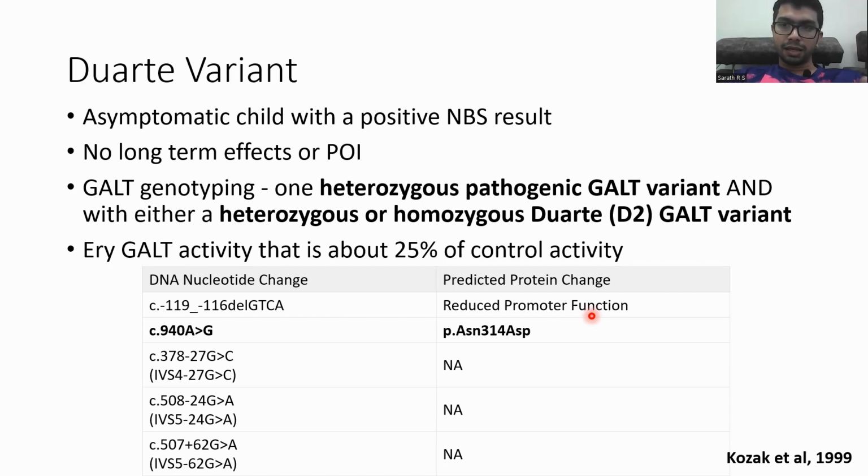One is the patient is homozygous for this D2 allele. That is, both the alleles will be harboring D2 variant, or one allele will be having a pathogenic, the classical form galactosemia variant, and the second allele will be having a D2 variant. So homozygous combination, or one allele with classical galactosemia variant, second allele with D2 variant. So these two combinations are possible. These children will be clinically normal.